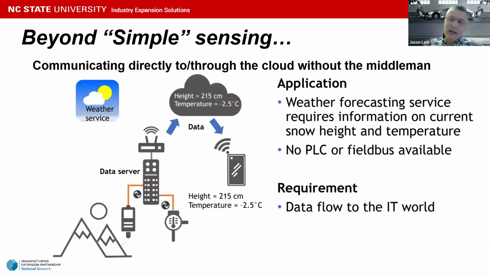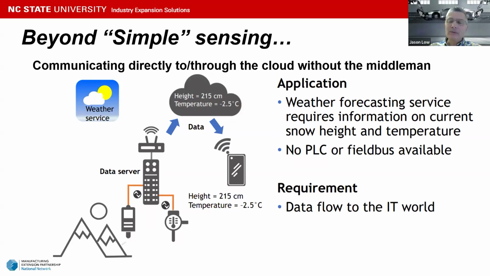So beyond that type of, I call it simple sensing, some of it isn't really that simple, there are things, again, this is more relevant to that second part of my talk that I'm going to give in the spring, that relates to how we can move some of this information up to perhaps the cloud.